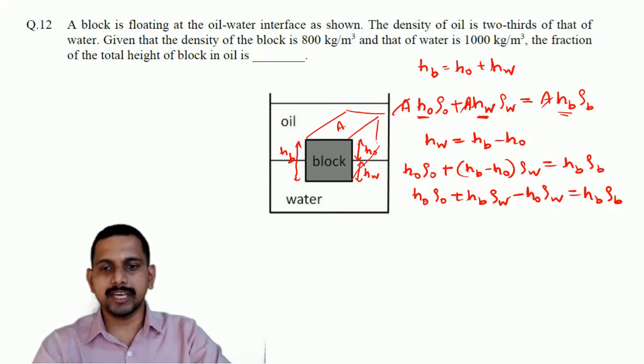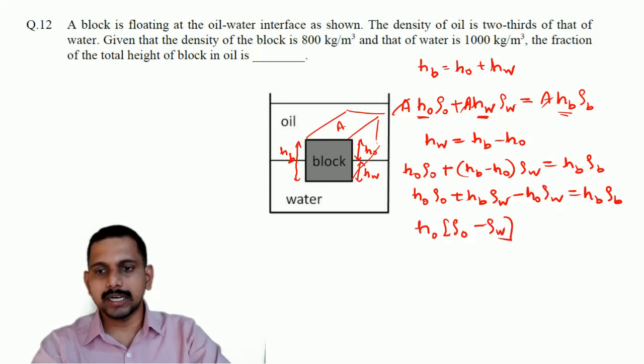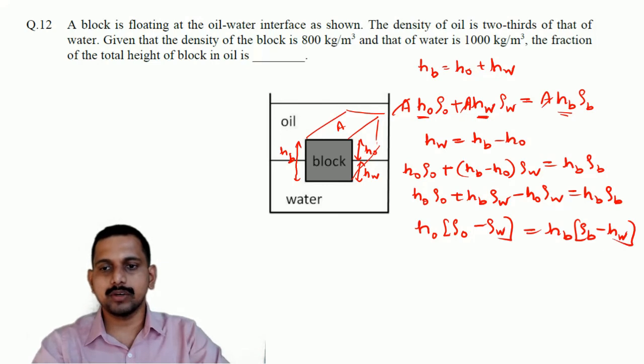Now if I rearrange this, I can write H oil into density of oil minus density of water is equal to HB into density of block minus density of water. If you observe, this particular term goes to the other side, that is why it becomes so.